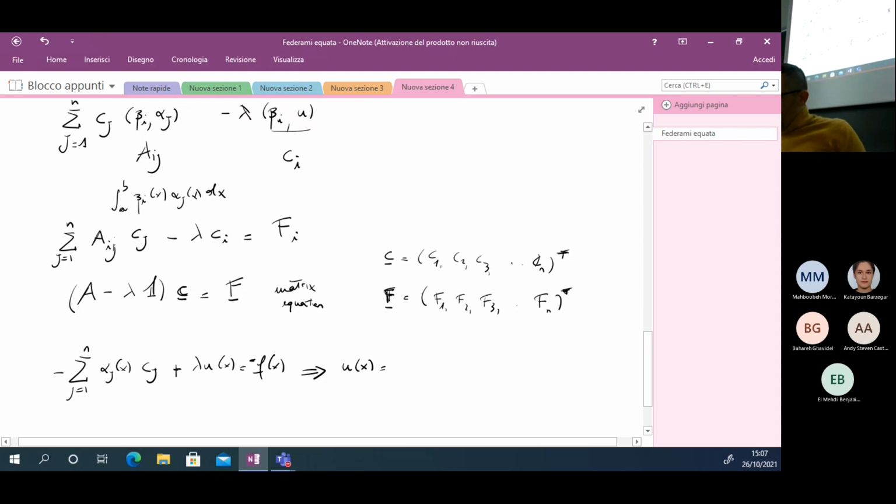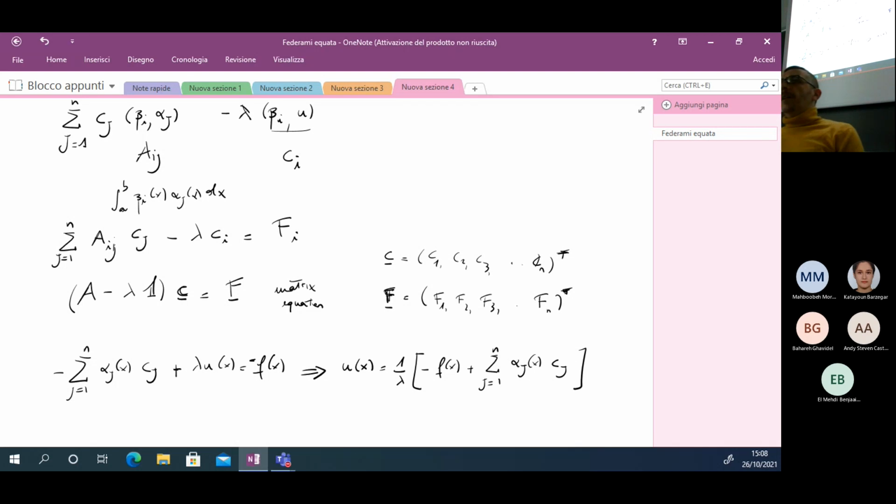So I can write this as u of x equal to 1 over lambda times minus f of x plus the sum over j of alpha j of x Cj.